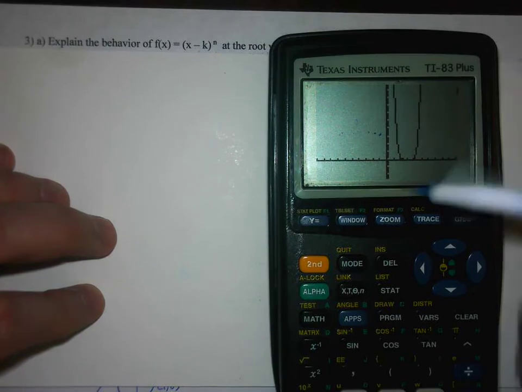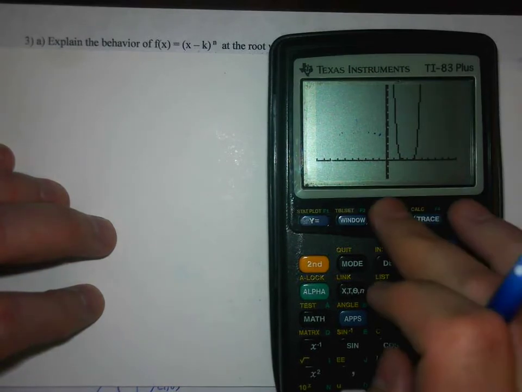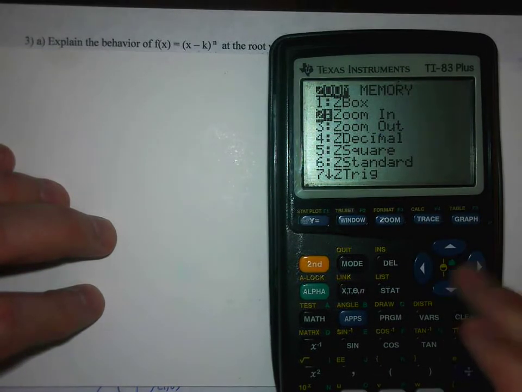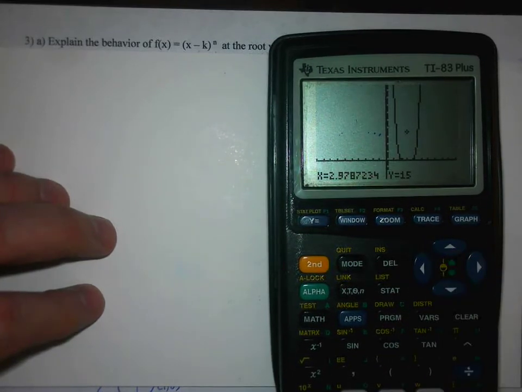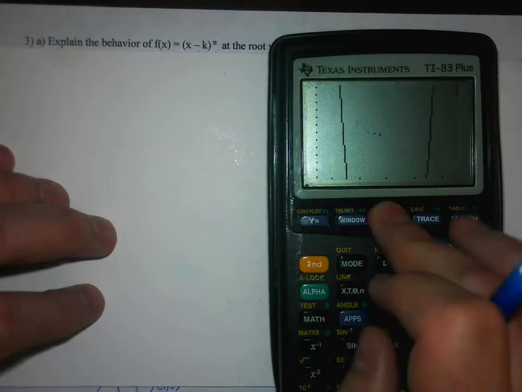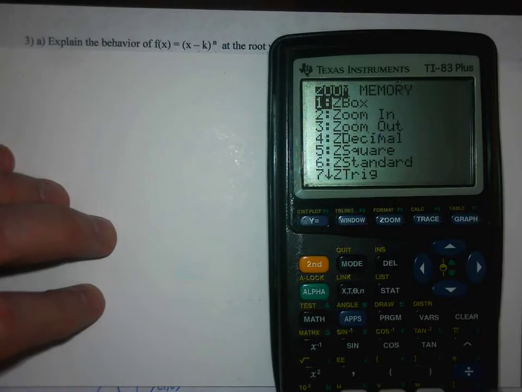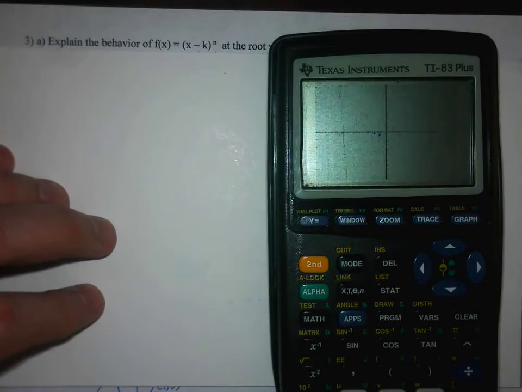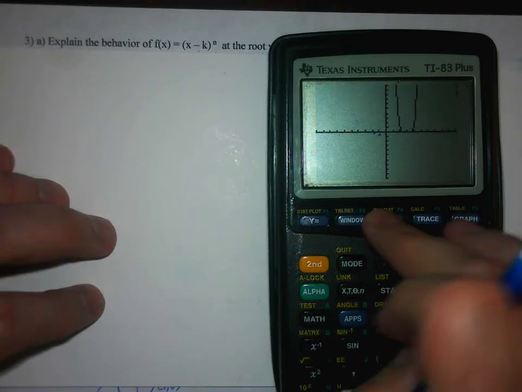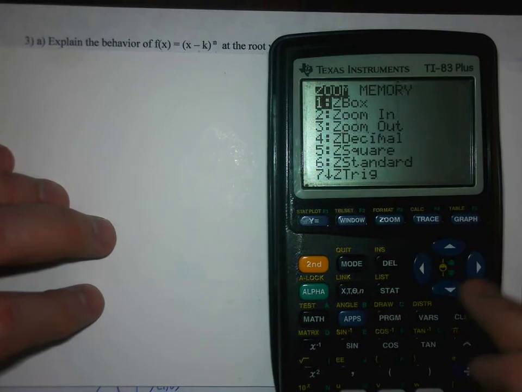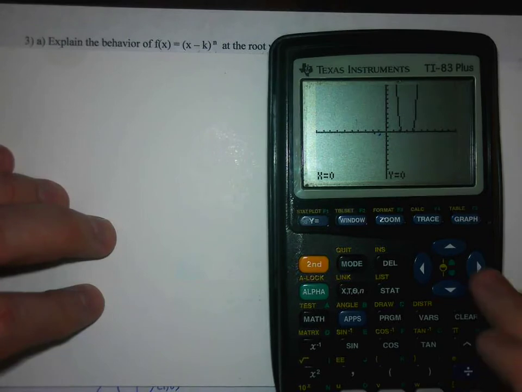Okay, so notice that gives me that basic U shape, and if I zoom in at the point 3, 0, so zoom in at the root, so I'll make it close to 3, and zoom in. Sorry, I was up higher. So zoom 6, and then zoom in.